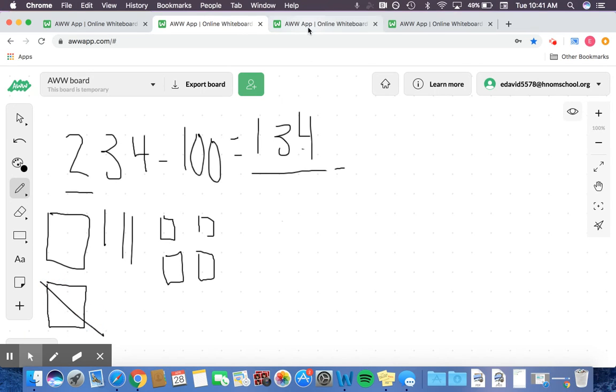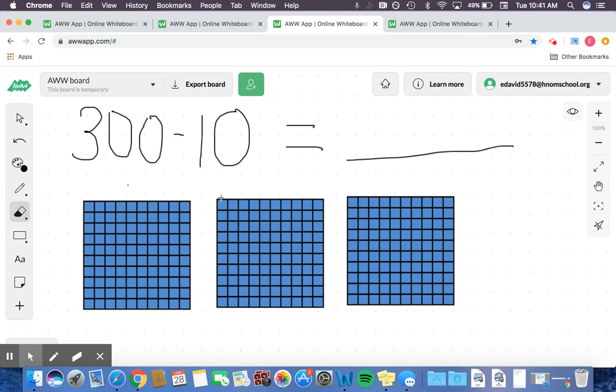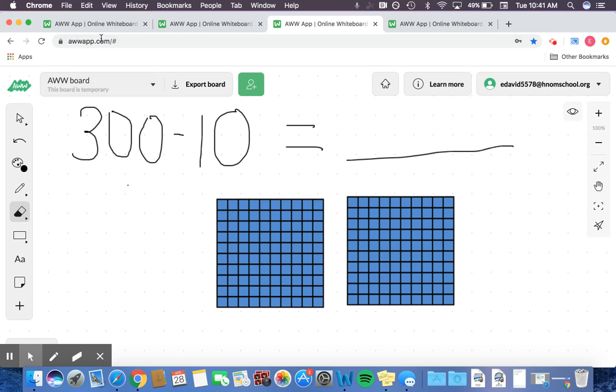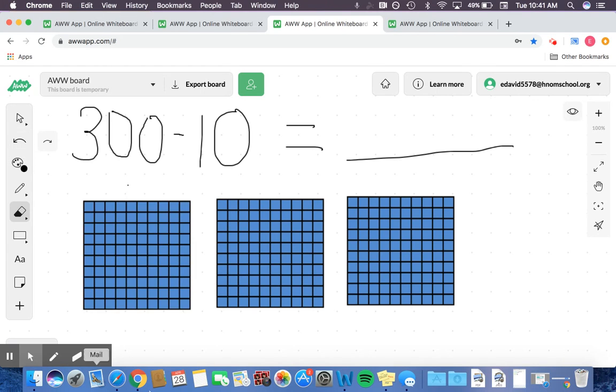Okay. Now, sometimes when you subtract a 10, the digits in the tens and hundreds place will change. So let's look. I have 300 minus 10. Down here I have 100 flats, 100, 200, 300.